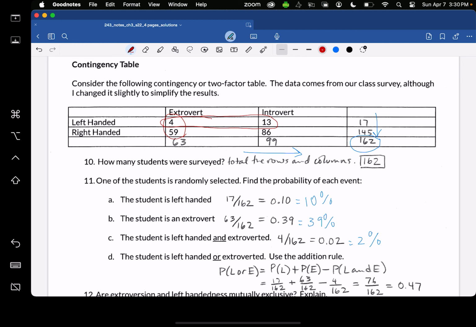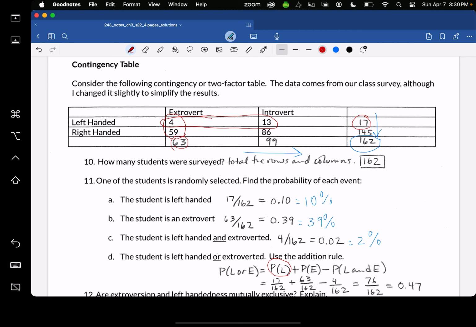I could do this a couple of different ways. I did 17 out of 162, which comes from the probability of being left-handed, and then plus P of E, which is 63 out of 162.